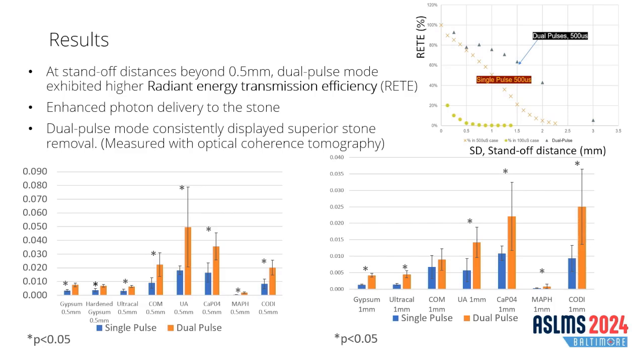An interesting result is at 1 millimeter source to stone separation, that by adding 20% extra energy into the pre-pulse, the effective amount of energy that you're able to put into the stone is markedly higher than 20%, close to 50%, as well as the amount of stone removed by that pulse is significantly higher.